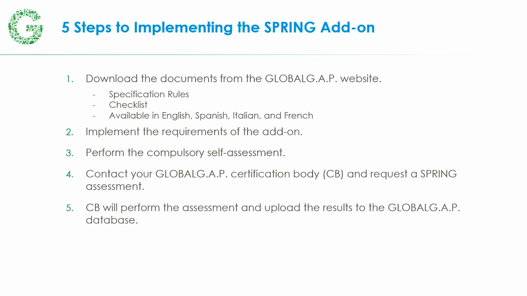I insist a lot on this topic, because if the producer only knows the requirements of the checklist, but not the specification rules, they are going to fail, because we have a lot of requirements in the specification rules, and not only requirements, we explain the scoring system and the different results that you can receive after an external assessment.